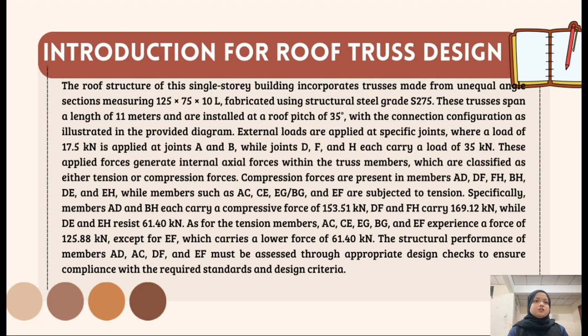As for the tension members, AC, CE, EG, BG and EF express a force of 125.88 kN, except for EG, which carries a lower force of 61.4 kN. The structural performance of members AD, AC, DF and EF must be assessed through appropriate design checks to ensure compliance with the required standards and design criteria.